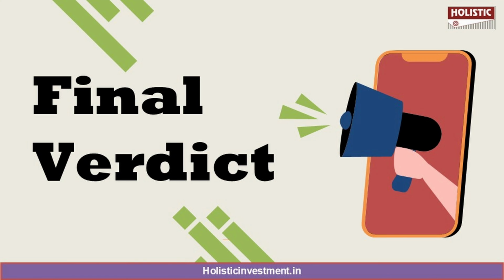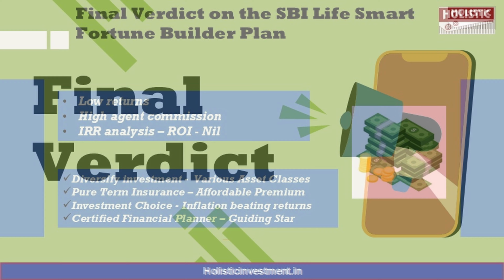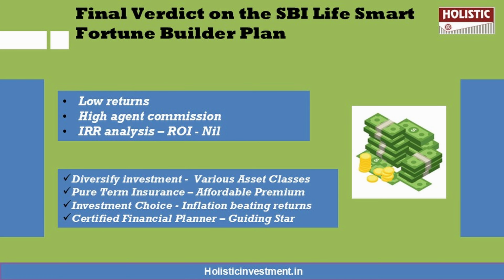So what is the final verdict on the SBI Life Smart Fortune Builder plan? From our analysis, we can understand this policy combines life insurance with market-linked investment, but like other ULIP plans, it comes with various charges that reduce the amount available for investment. Our return analysis highlights that this policy's long-term returns are relatively low.